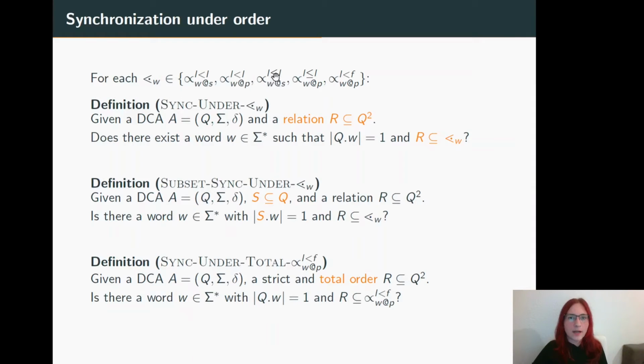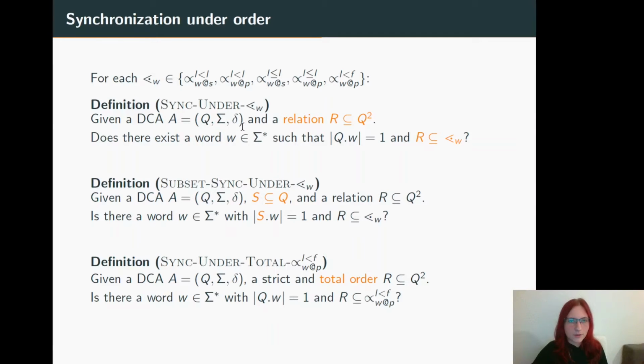So now we have to find a set of orders which we now want to relate to the synchronization problem. So the problem we will consider in this talk is called synchronization under order, and now insert for this symbol here one of our predefined orders. And what we are considering is we're given as input a deterministic complete automaton consisting of a state set, an input alphabet, and a transition function.